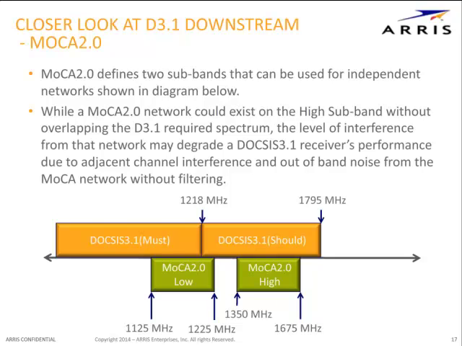There's also a lot of MoCA already deployed out in the plant, and as we start using these higher bands, it will be important to make sure that any MoCA households, even next door to a DOCSIS 3.1 deployed modem, have their PoE filters in place so that there isn't any signal leakage that could cause problems for the DOCSIS 3.1 modems.